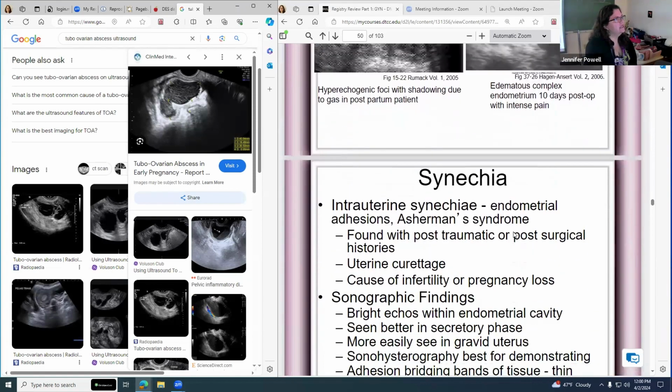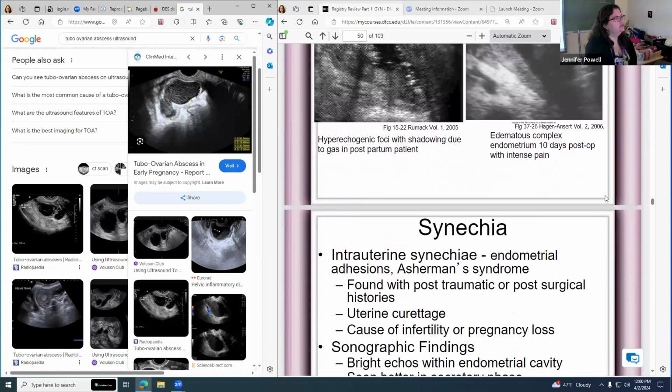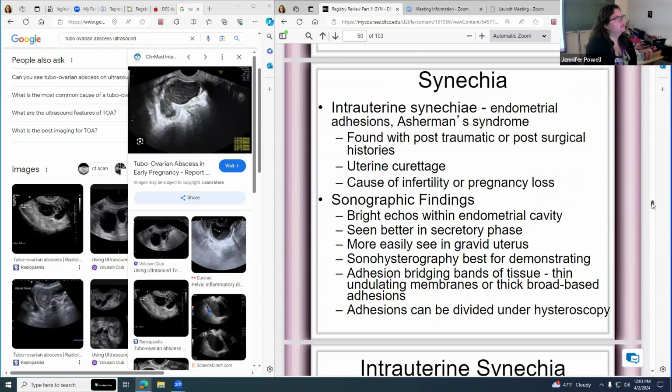All righty, synechiae, endometrial adhesions, also known as Asherman syndrome, found in post-traumatic or post-surgical histories. Uterine curettage, I believe that's a D&C, which stands for dilate and curettage, where they dilate the cervix and then go in and scrape out the lining of the uterus.